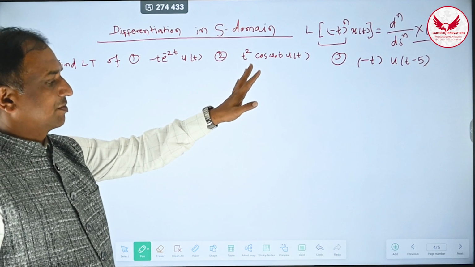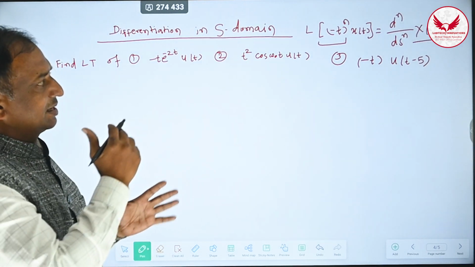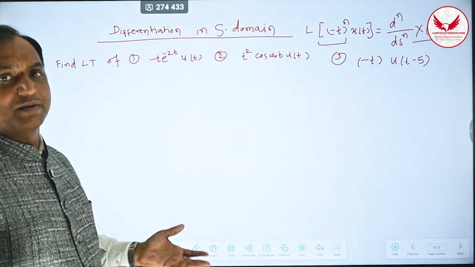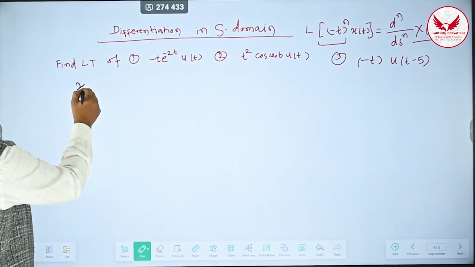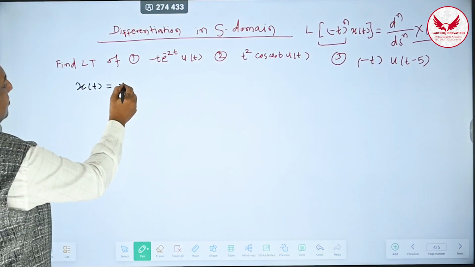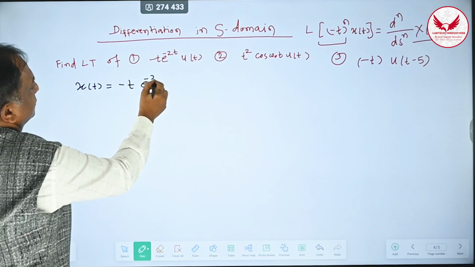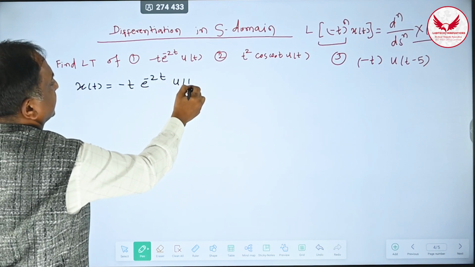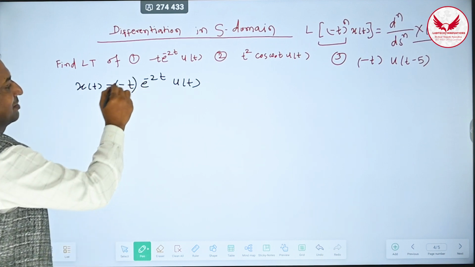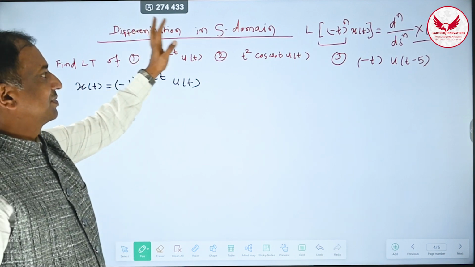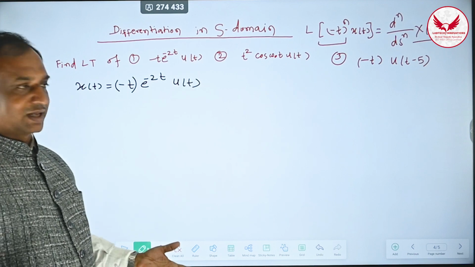Just remember that property, and you have to compare and understand which property will be applicable. So the first signal we will see: x of t is equal to minus t into e raised to minus 2t into u of t. If we see here, this signal is multiplied by minus t, which means the differentiation in S domain property will be applicable.